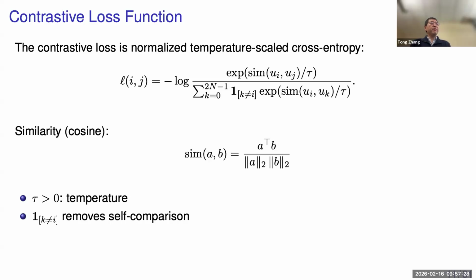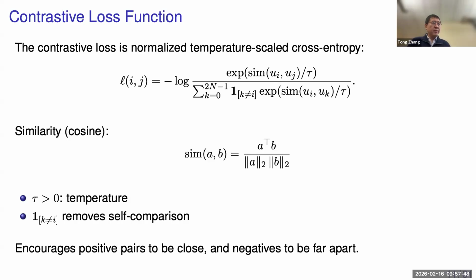For the ones coming from the same image, you put that here to encourage them to be close. Otherwise, you put that below to be normalized away. But you remove i to itself for each i. So this is basically a contrastive loss function. When you have a batch of n images, you start by generating 2n examples.